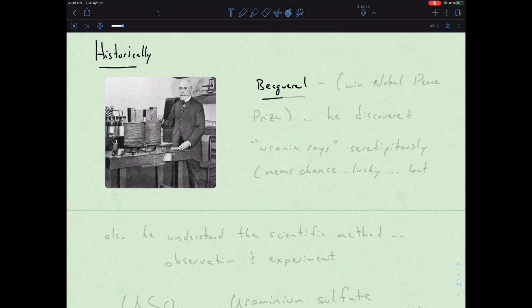Back in the day, it was really a lot of old white dudes. And so Becquerel did a couple of different things. Becquerel did win the Nobel Prize for his efforts.